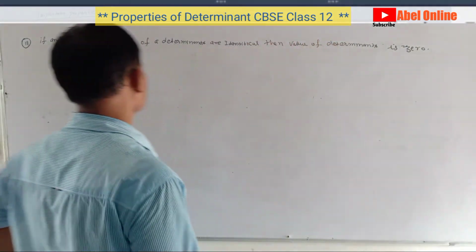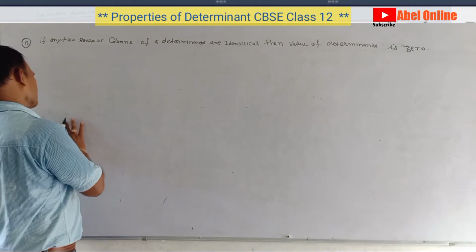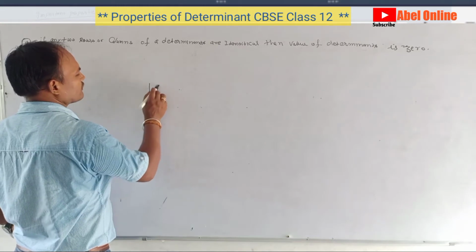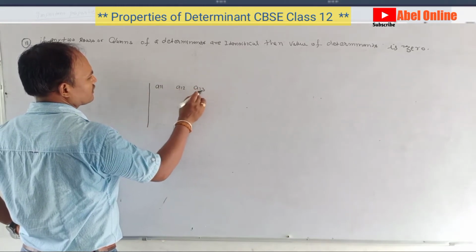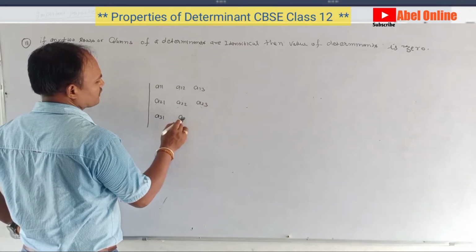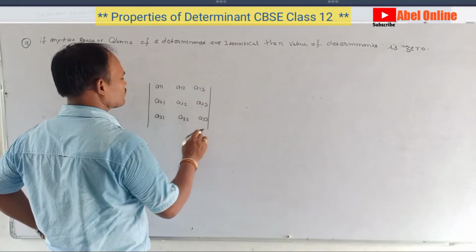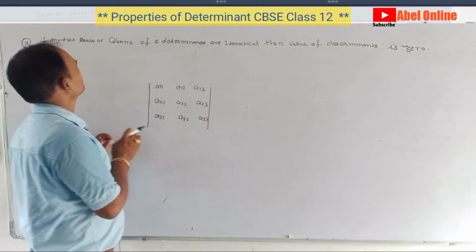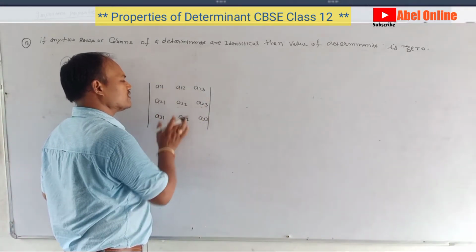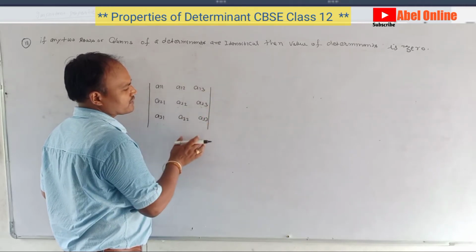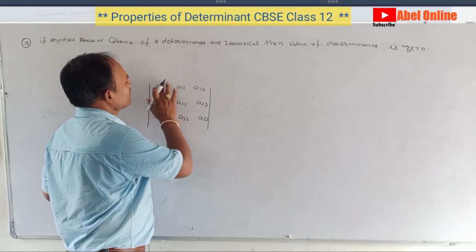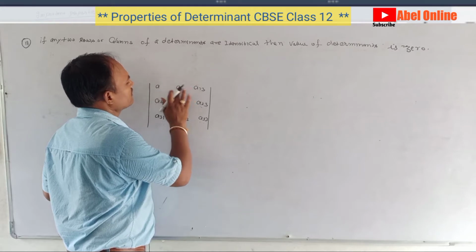So students, this is a very simple and very important property, with which we can find the value easily. How can we say? Suppose this is a question: a11, a12, a13, a21, a22, a23, a31, a32, a33. Now I am saying that if any two rows or columns are identical, meaning two lines are the same, maybe this line is the same or maybe this line is the same, totally the same.